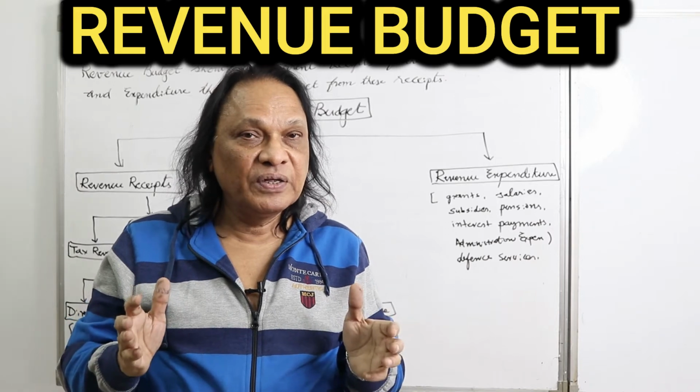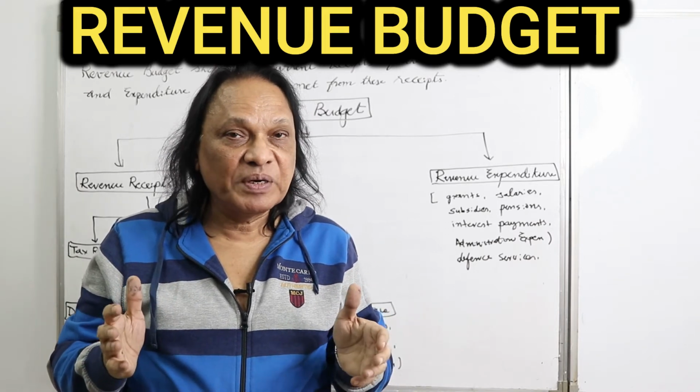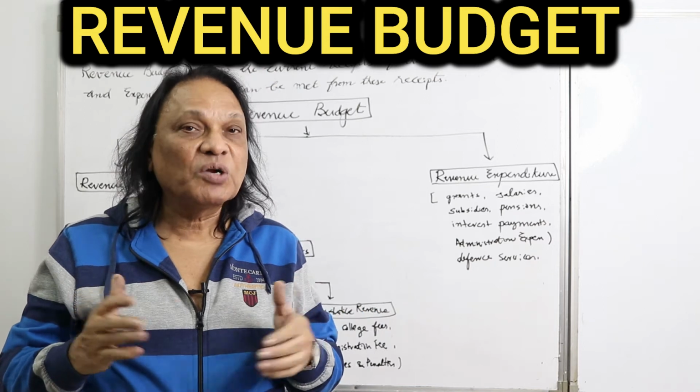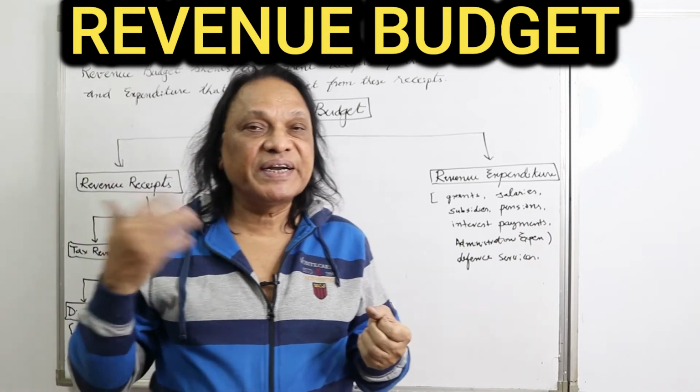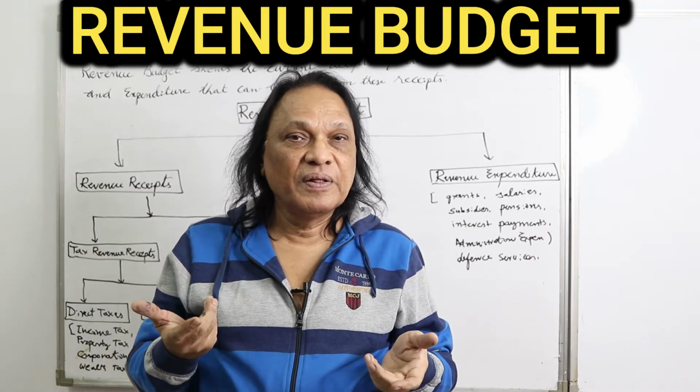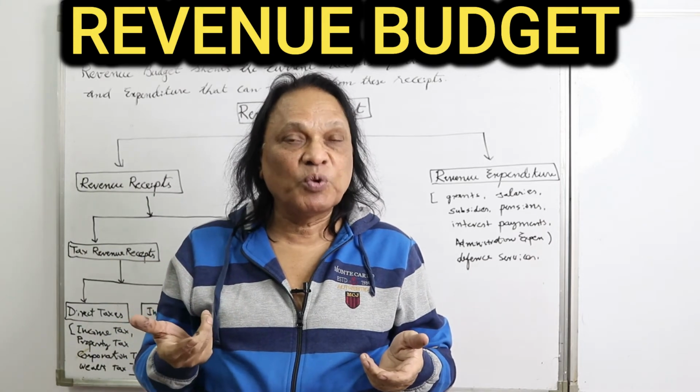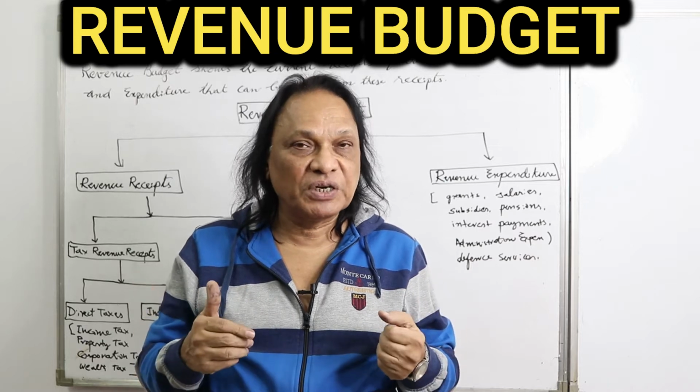I repeat, government budget is a systematic statement showing the estimated receipts and expenditure of the government over a fiscal year running from 1st April to 31st March.